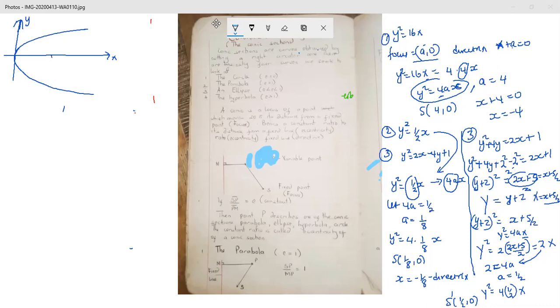For the equation for the focal chord, that line should be passing through the focus. And it would meet a point P here, which is (ap squared, 2ap). It would meet a point Q here, which is (aq squared, 2aq).